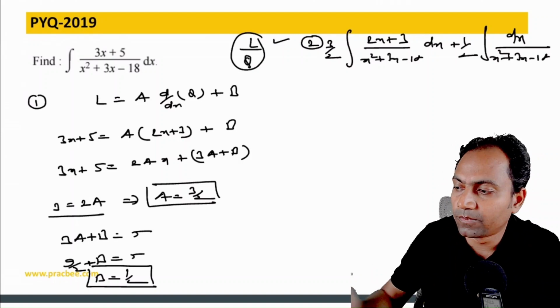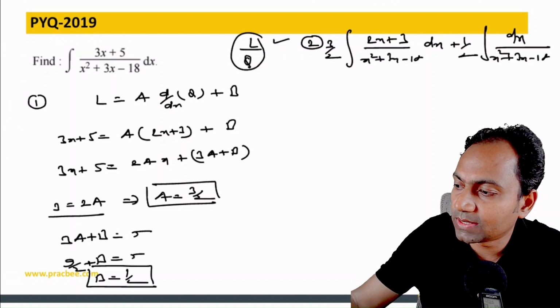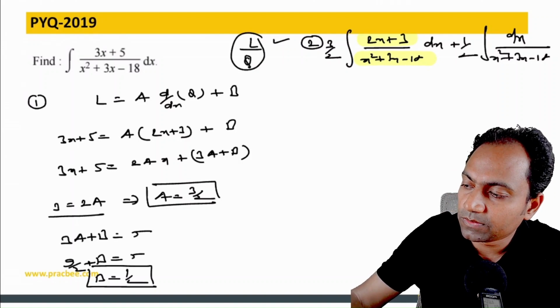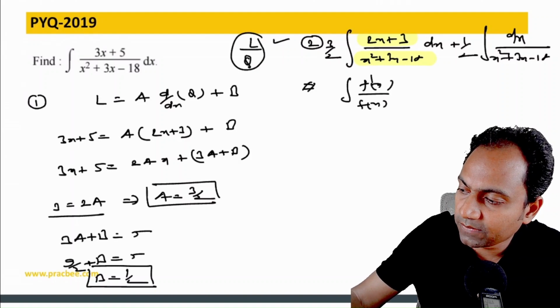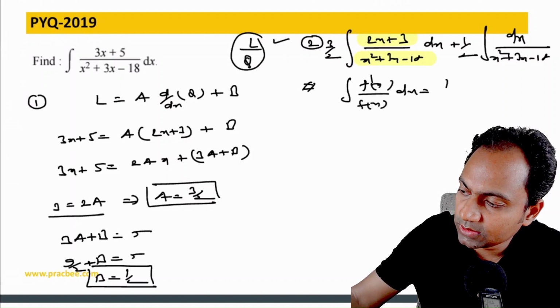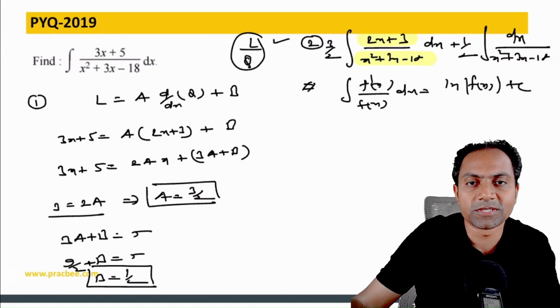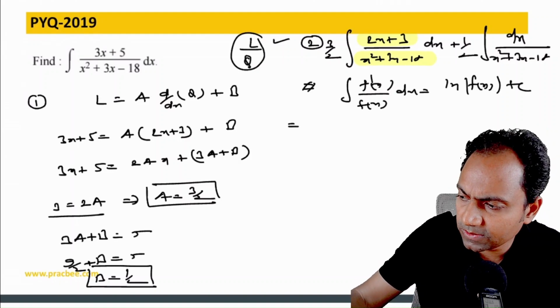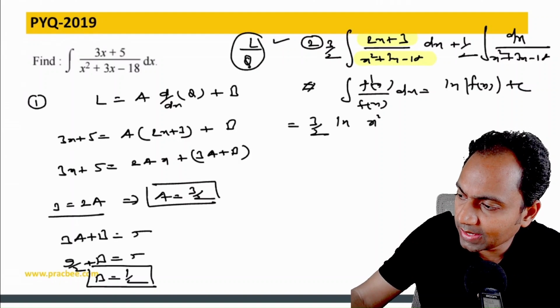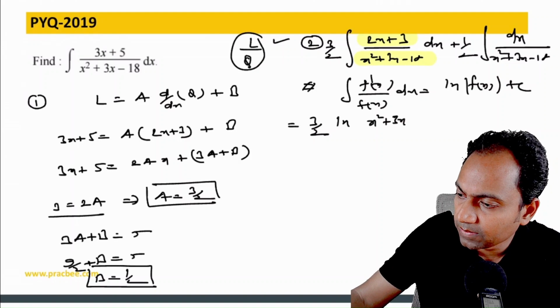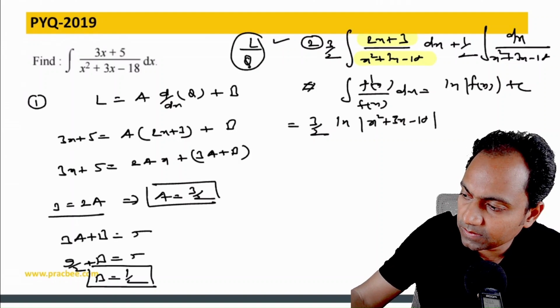Once you have got both of these values, now you can see here that there is a derivative. So a very simple result goes like this. If we have the integral of f dash of x by f x dx, the answer is going to be ln of f x plus c, and this you can do by very simple substitution. So I'm going to use this result here. This becomes 3 by 2 log of x square plus 3x minus 18.